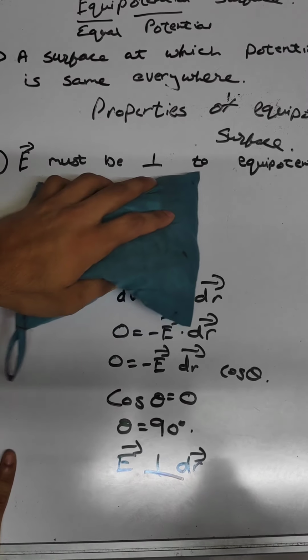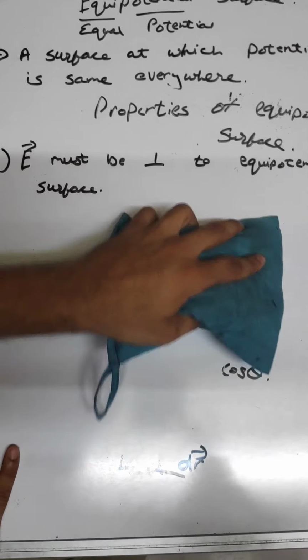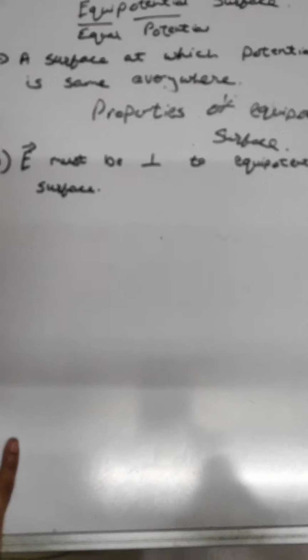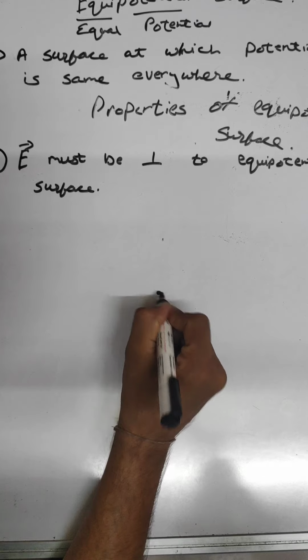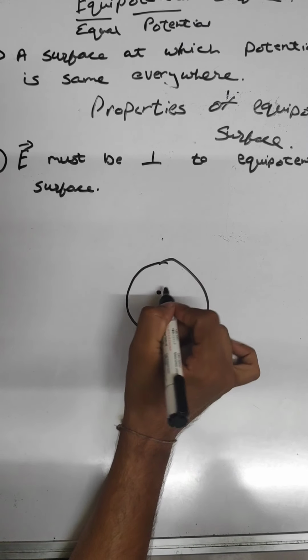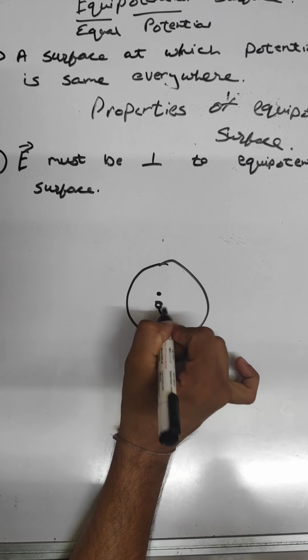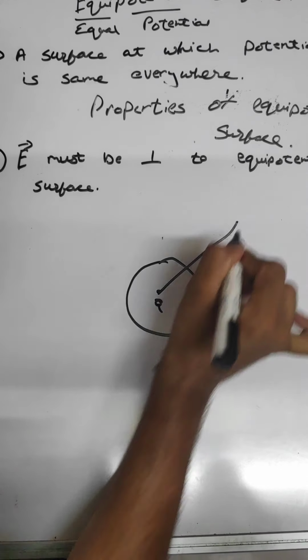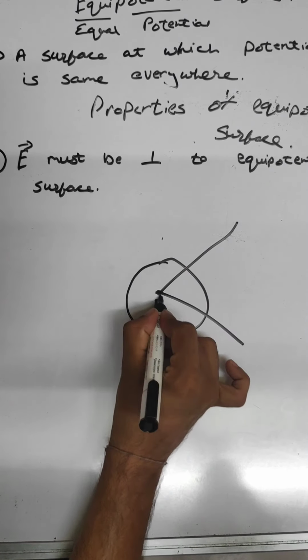Let us look at this with another example. Suppose I have a point charge Q over here. Electric field lines are in this direction.